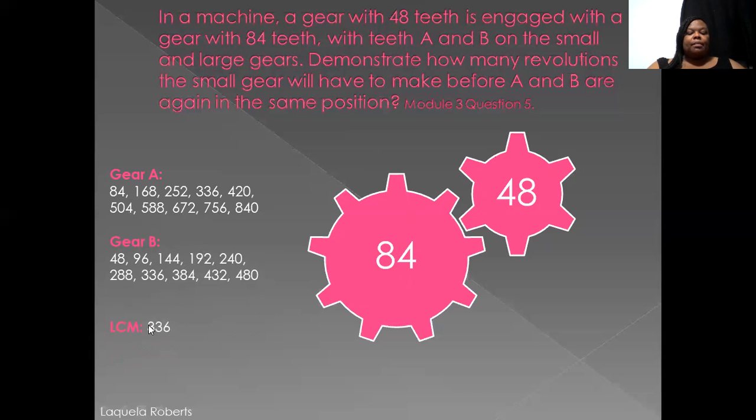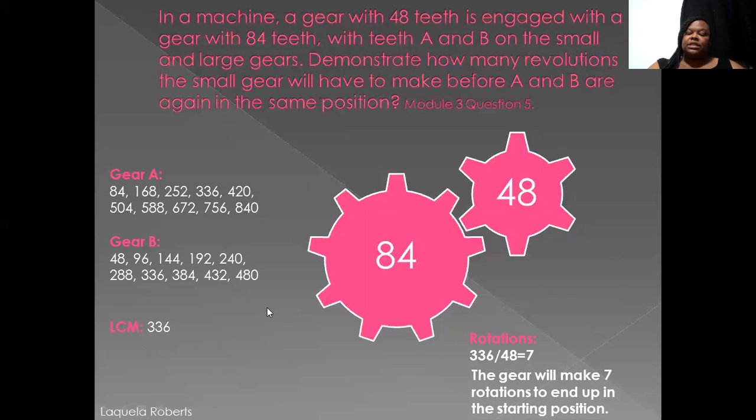So our lowest common multiple will be 336 because it's in both gear A and B. For the rotations, you would divide 336 by 48, which gives us 7. So the gear will make 7 rotations to end up in the starting position.